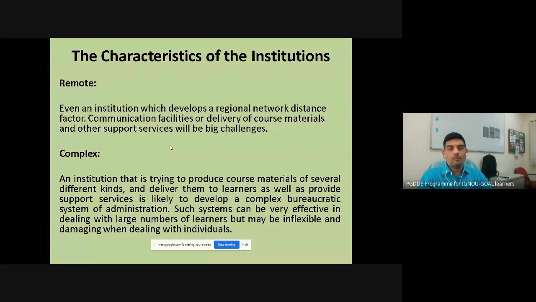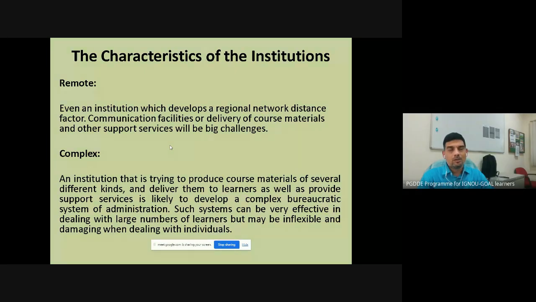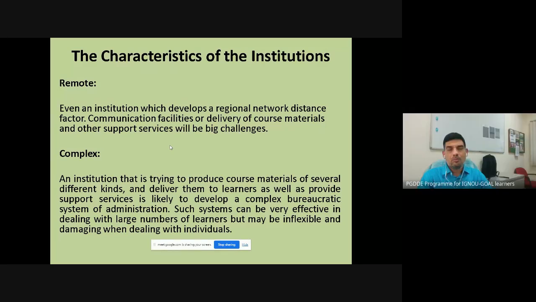Okay, and we have been trying to reach the learners not only in India but also in many countries across the world, either through face-to-face and campus-based support, or through the support services that we have been providing online also.